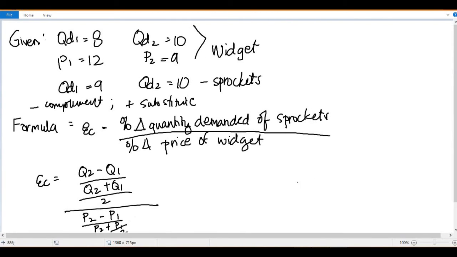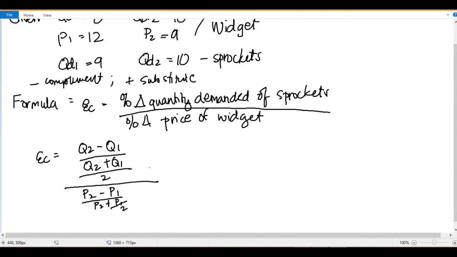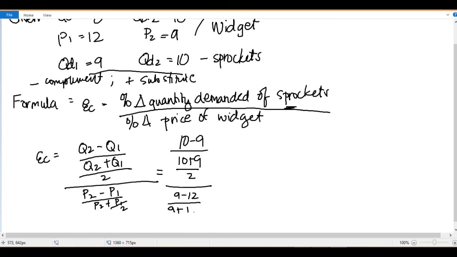Kulang yung blackboard. Hindi, malaki lang talaga sulat ko. Okay, let's substitute. So, we're looking for sprocket. So, dito ka titingin. 10 minus 9 divided by 10 plus 9 divided by 2. Sa baba, dito ka titingin kay widget. You have 9 minus 12 divided by 9 plus 12 over 2.